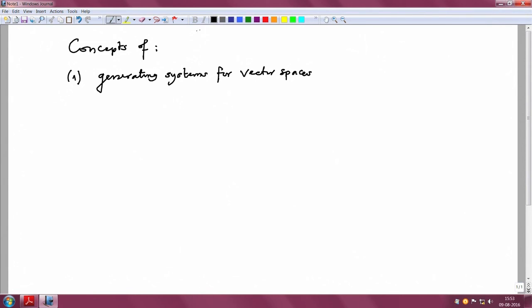Let me also fix the notation today, like yesterday, that K be always an arbitrary field and V a K vector space. And last time we have defined these three concepts.